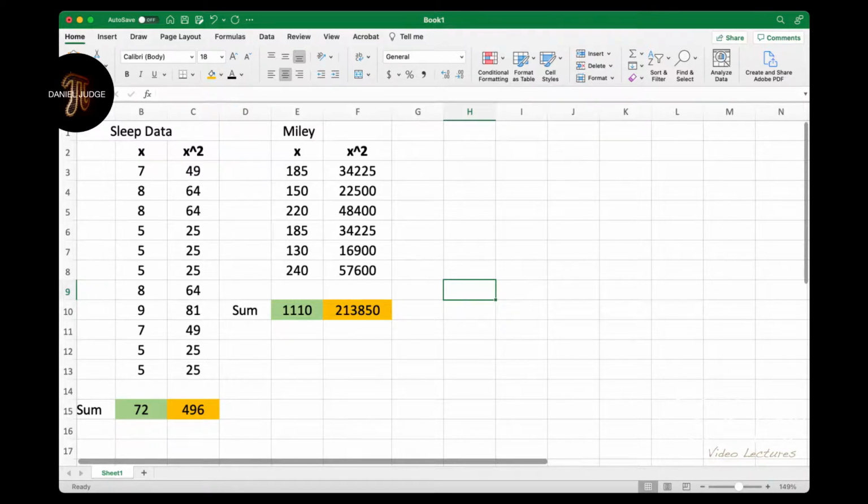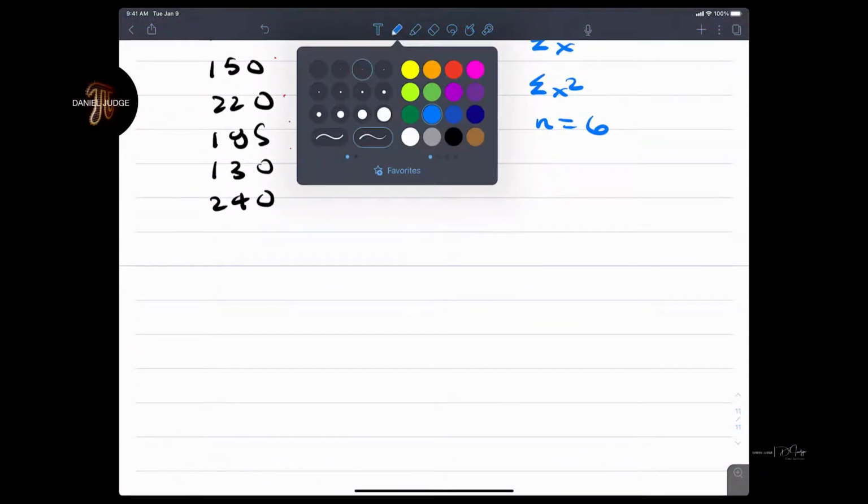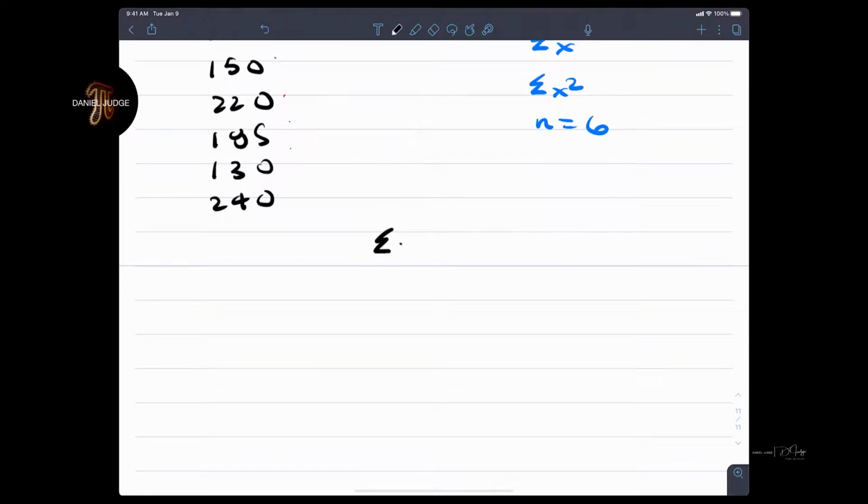So now you say, well, what do we do with this information? So I'm going to do this here. Right? Let's go back to the iPad. What we found, sum of the x values, 1,110. We found sum of the x squared values, 213,850.